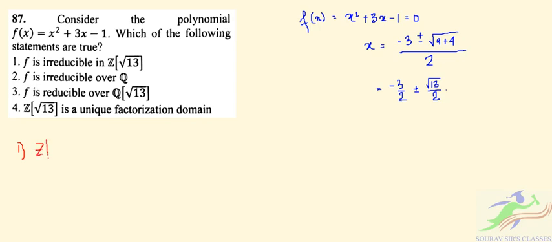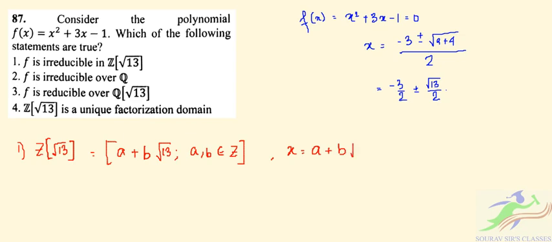So in Z of root 13, we can write elements as a plus b root 13, where a and b both are elements belonging to Z. Here the roots are x equal to a plus b root 13, with a equal to minus 3 by 2 and b equal to half.